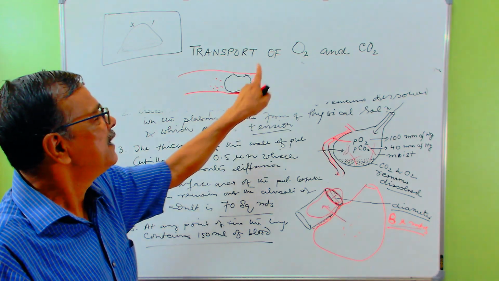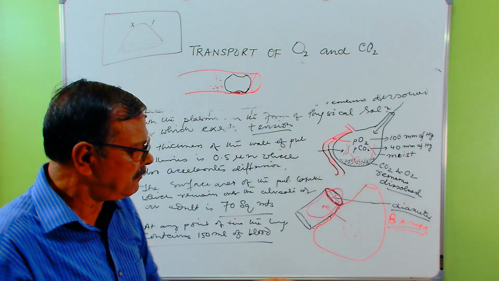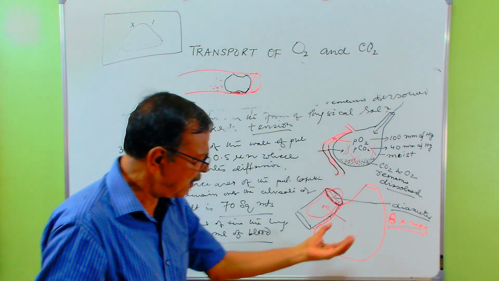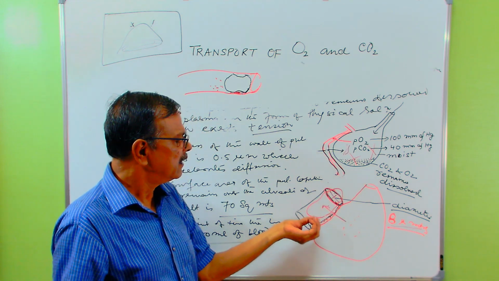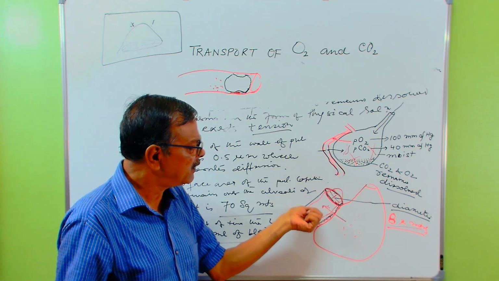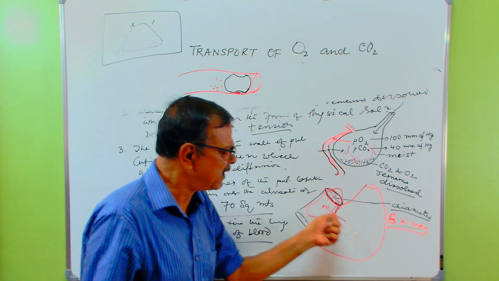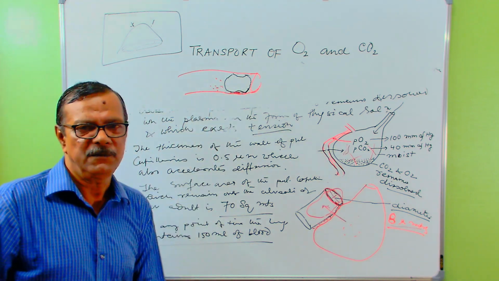So it accelerates the diffusion of oxygen from the alveolar air to the pulmonary capillaries, and the reverse, that is the exit of CO2 from the RBC directly, which helps in diffusion.